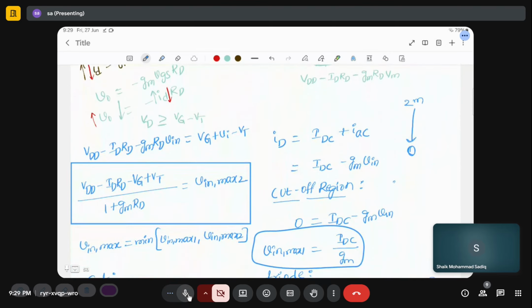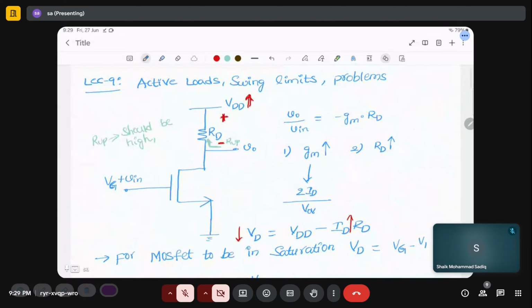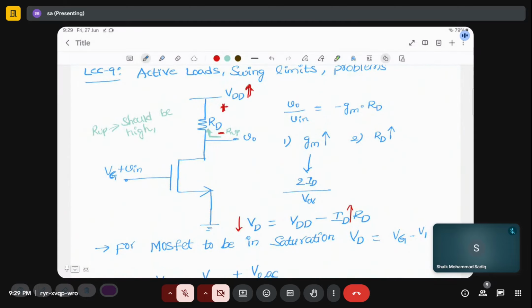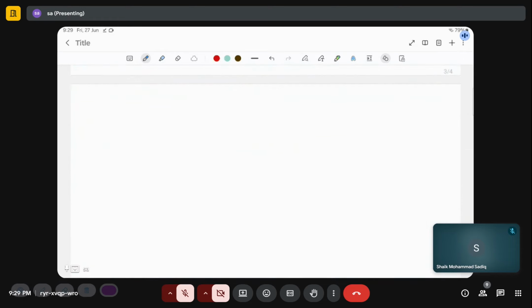Okay, done. So I have discussed active load swing limits. We'll quickly solve one problem.